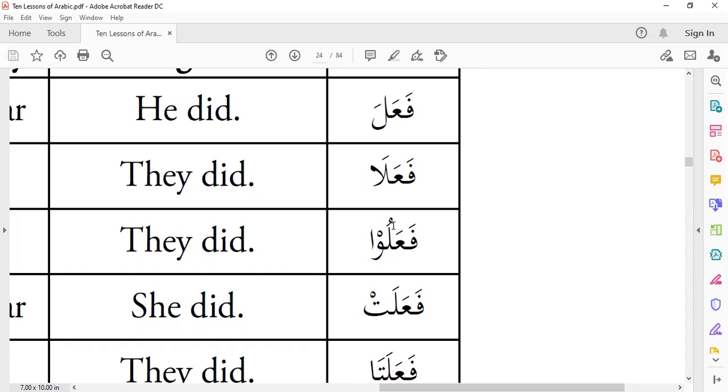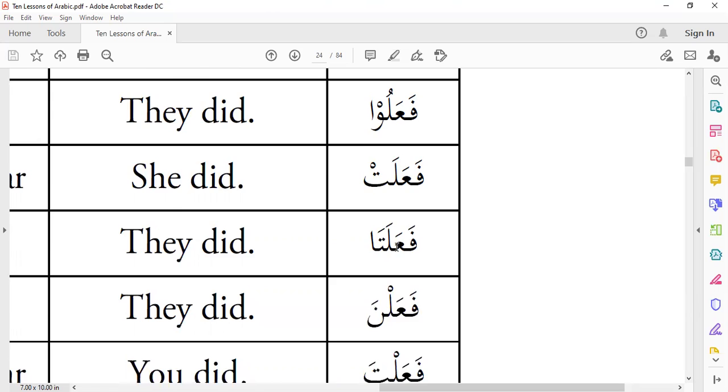Fa'alu, when you add a dhamma and a waw, it becomes third person, masculine, plural. Yes, plural, not dual. Well done. So fa'ala, fa'ala, fa'alu.